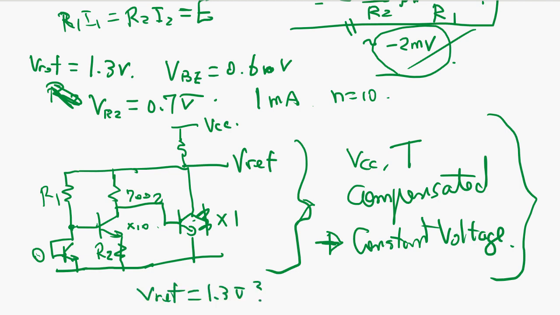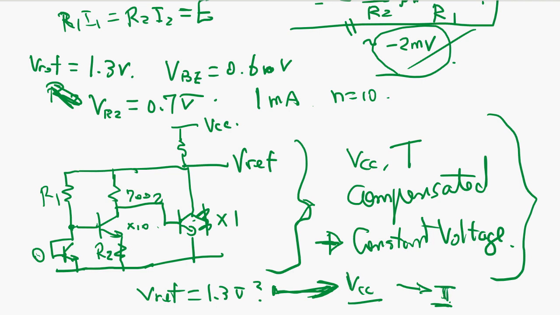Now, once you have a constant voltage, then you can create many other different voltages from here. And since this is compensated already, it's constant against VCC, and making it temperature compensated is very difficult for various cases.